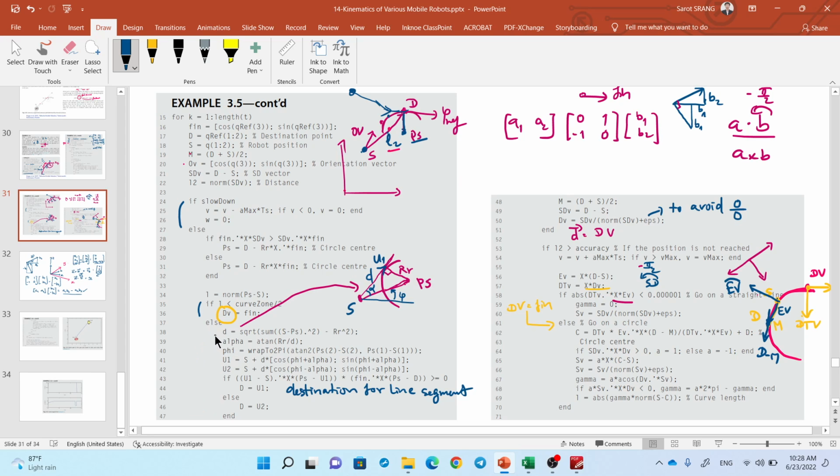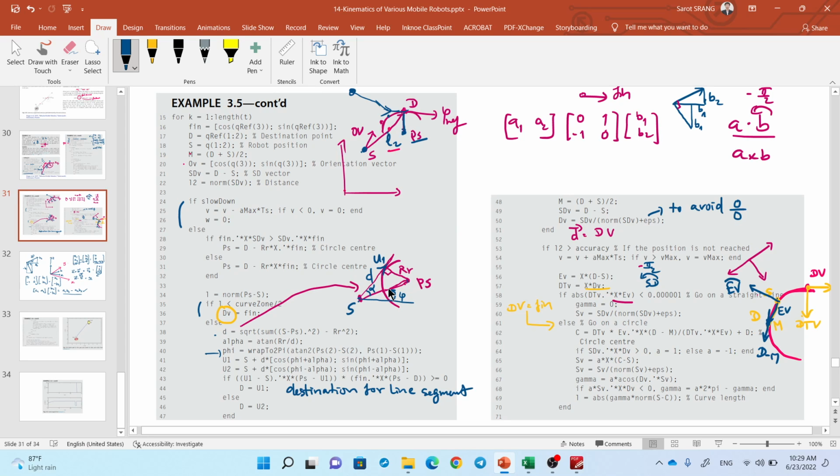So here d is the distance from the location of the robot to the circle, and alpha is the angle between the vector from S to the center of the circle and the vector d from S to the tangent point on the circle. This is alpha. And phi is just an angle, the orientation of the vector from S to the center of the circle.